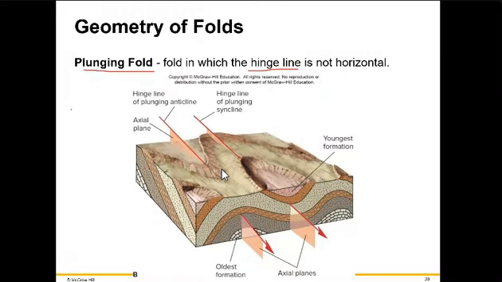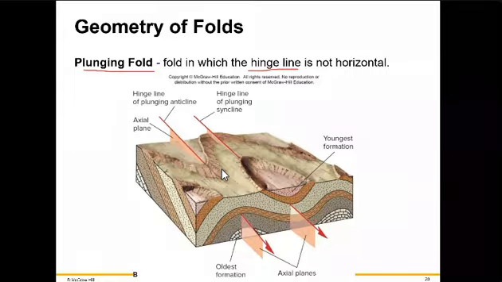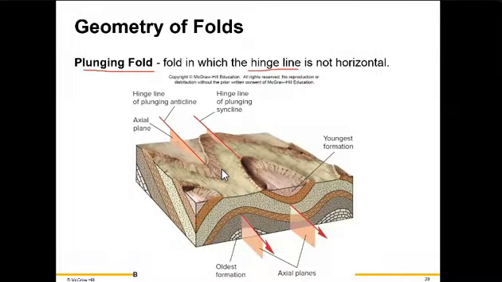Now, you can see in this diagram here that the hinge line is plunging in this direction. You can see how they are plunging in this direction because they are not horizontal. But then the axial plane is vertical. So this type of fold is called plunging what?